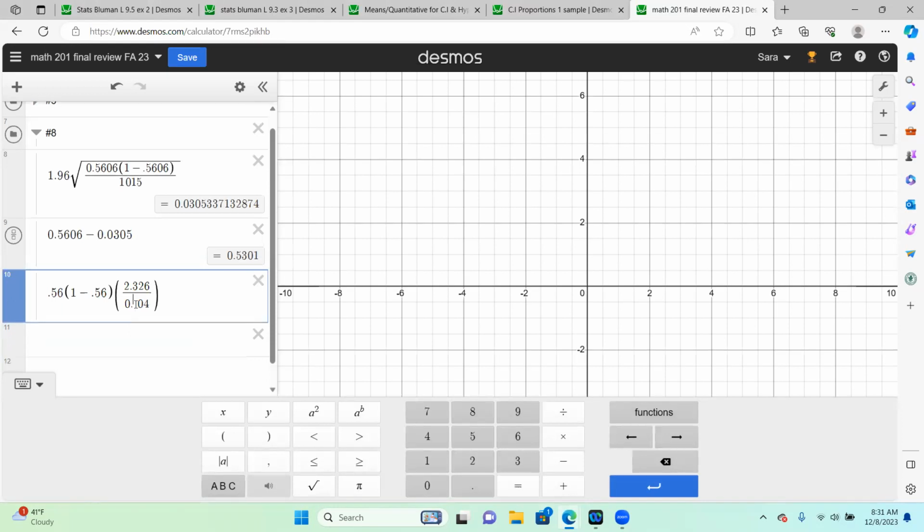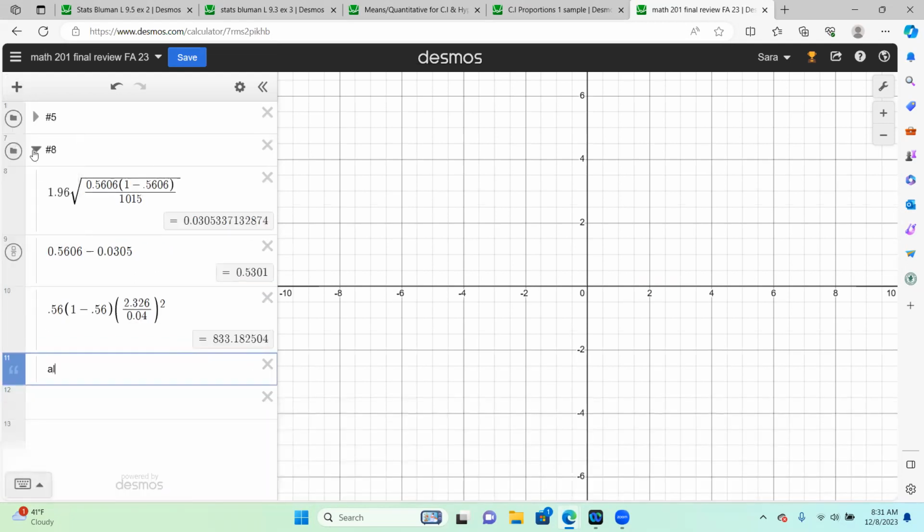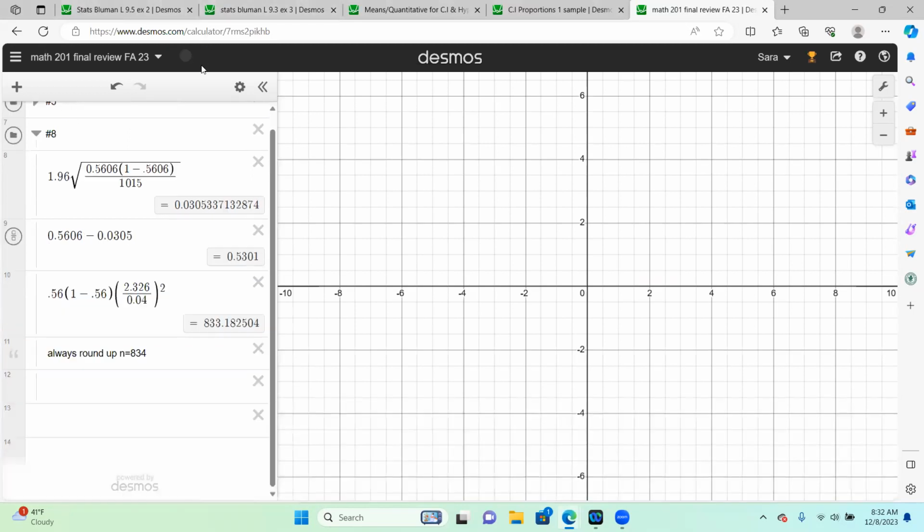And then I'm squaring that, squaring my fraction. So we get 833.2. But we have to remember that we always round up. So n is going to be 834. My sample size for number 8.